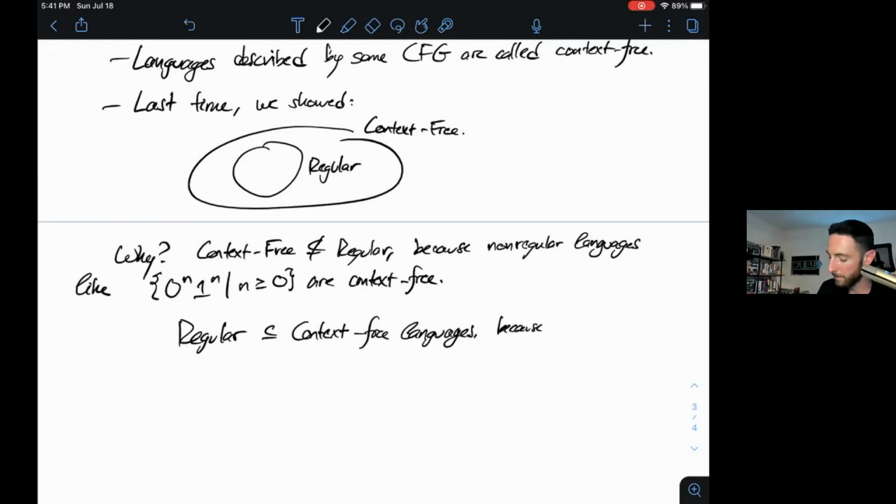However, the regular languages are a subset of the context-free languages, because any DFA can be turned into a CFG. We showed how to convert DFAs into CFGs.